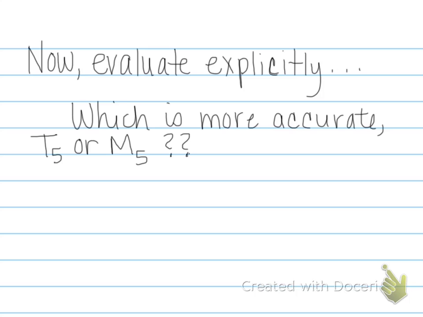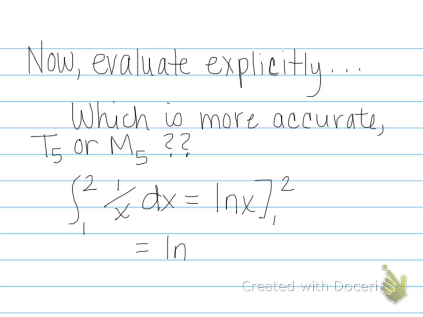Now, if you evaluate it explicitly, that's why we picked the integral from 1 to 2 of 1 over x dx, because this is one that we actually can do the regular way, explicitly. If we evaluate this, it's going to be the natural log of x evaluated from 1 to 2, or the natural log of 2 minus the natural log of 1, which is 0.